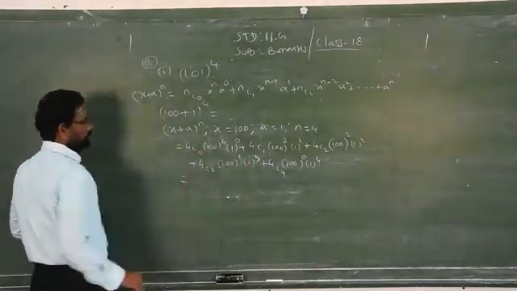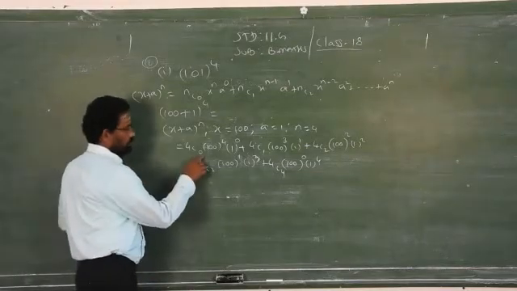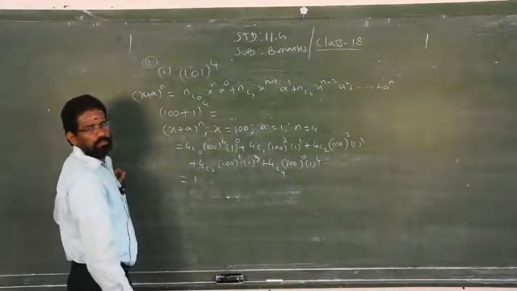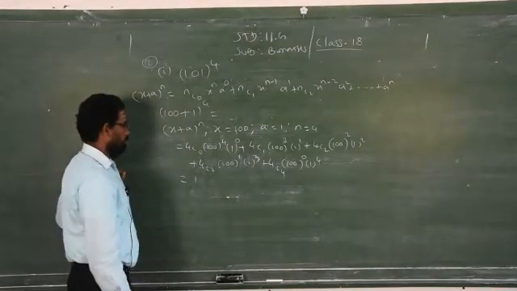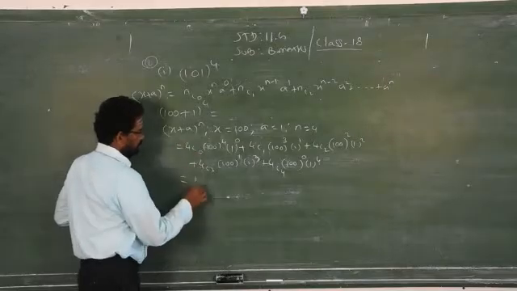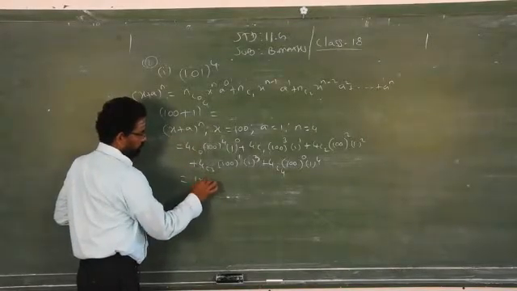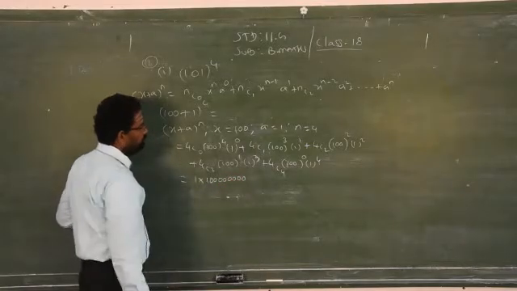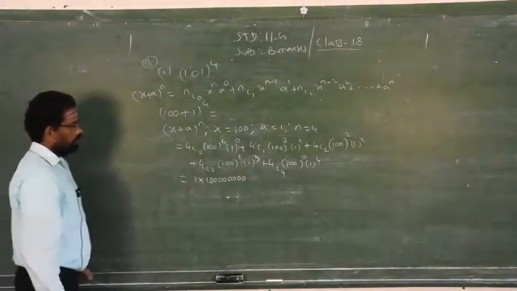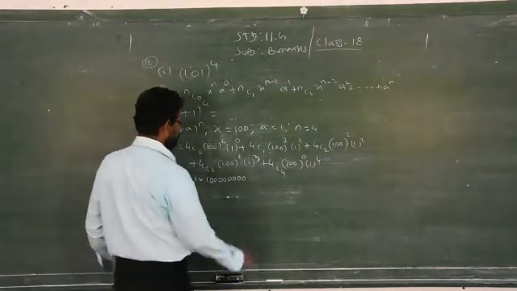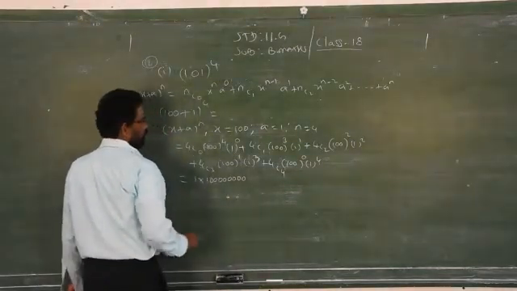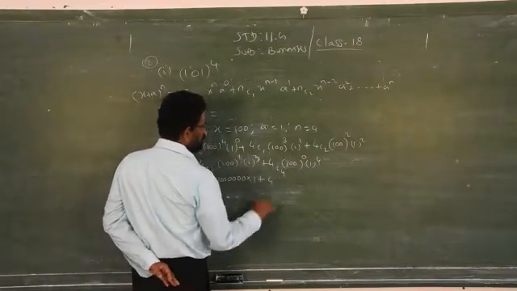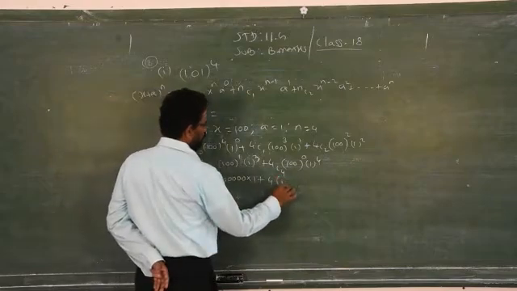As you know already, 4C0 is not 0. 4C0 is 1. That is there in the combination property, the property I said. Based on that it will become 1, times 100 power 4. You have to use a calculator and simplify. 1 power 0 is always 1, plus 4C1 is 4, times 100 power 3.